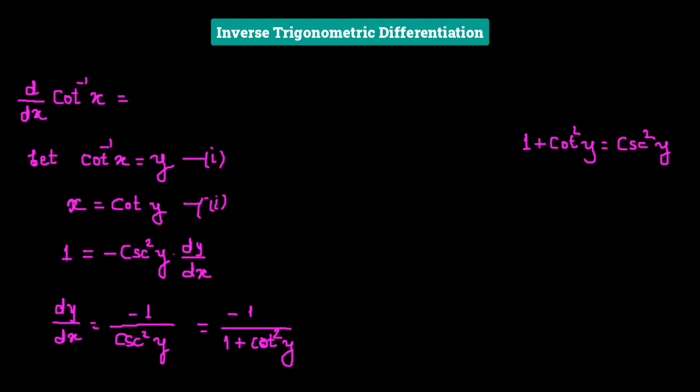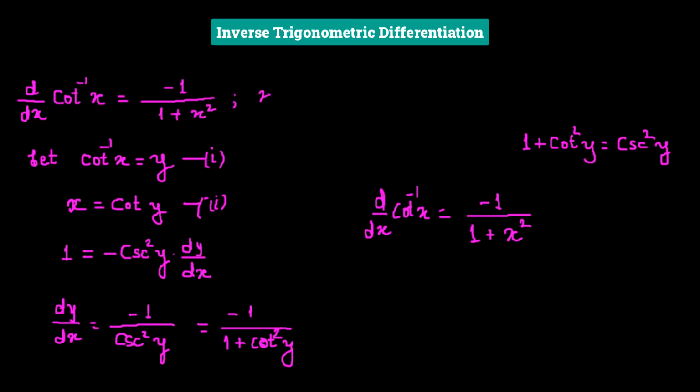Now on the left hand side we have dy over dx, so replacing y with cot inverse of x, that will be equal to negative 1 divided by 1 plus cot squared y. Using equation number 2, we substitute cot of y with x, so that will be simply x squared. So the derivative of the inverse cotangent function is negative 1 divided by 1 plus x squared, and the value of x will be all real numbers.